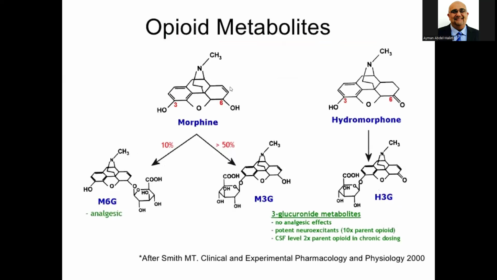This one shows you the opioid metabolites for morphine and hydromorphone. Morphine is metabolized to M3G and M6G through the glucuronidation process. If you have impaired renal function, these metabolites can actually accumulate and can cause neurotoxicity.